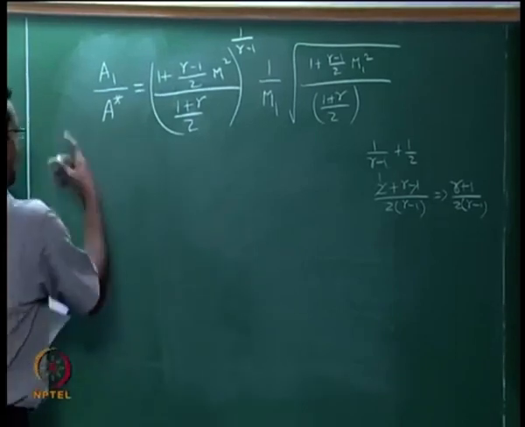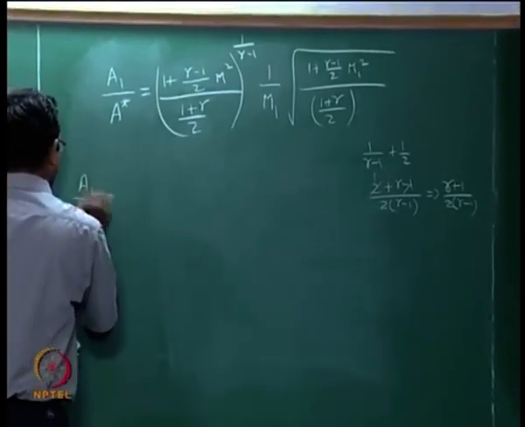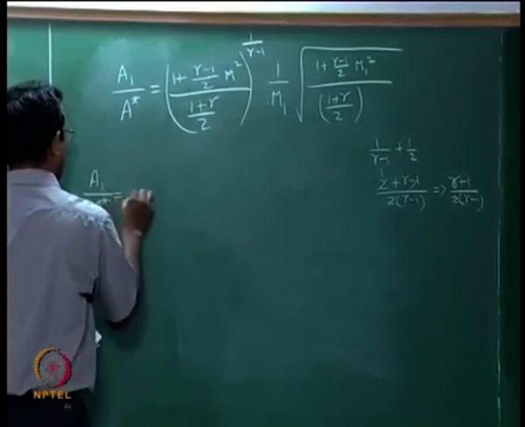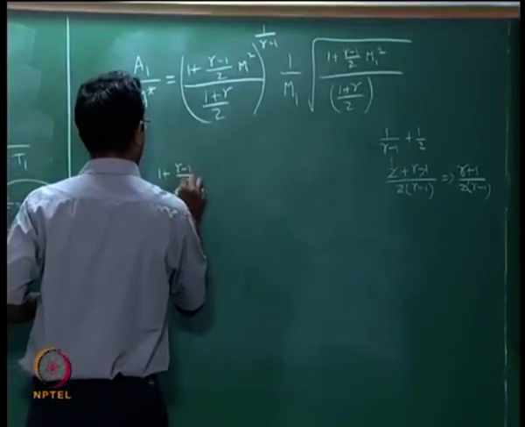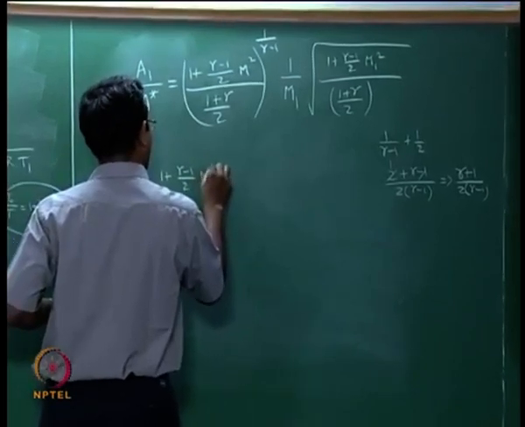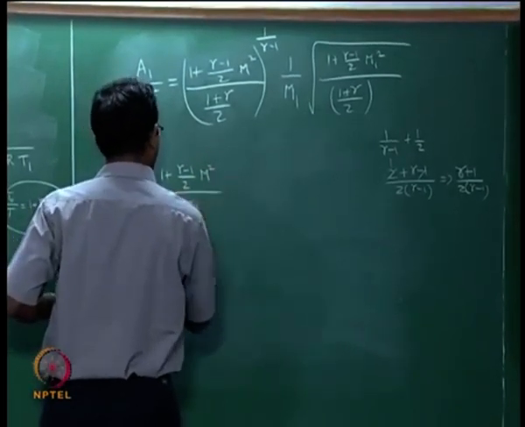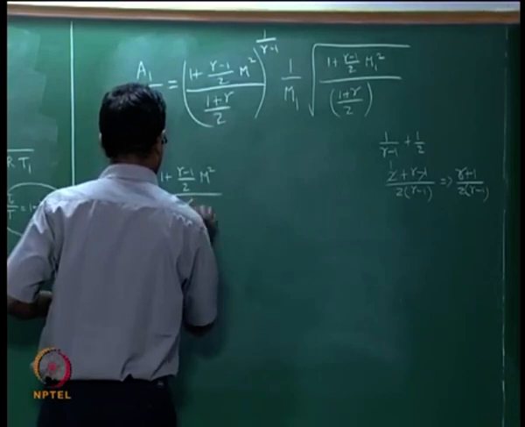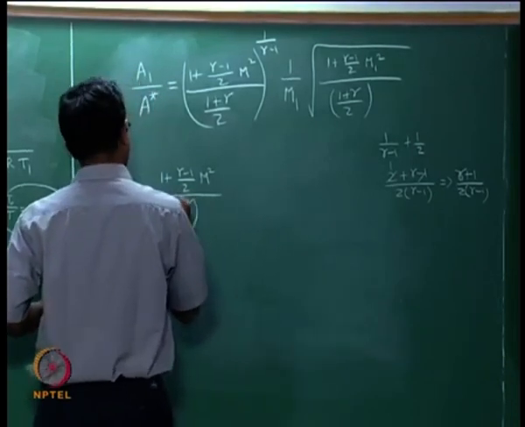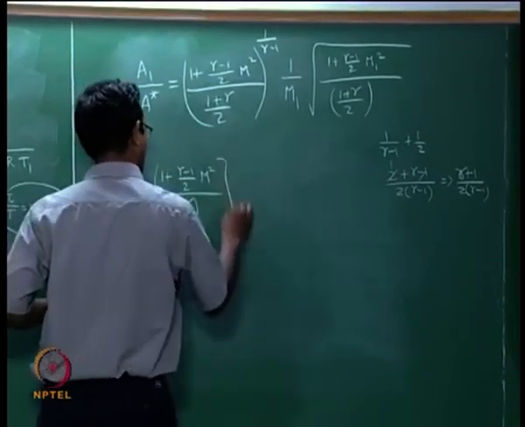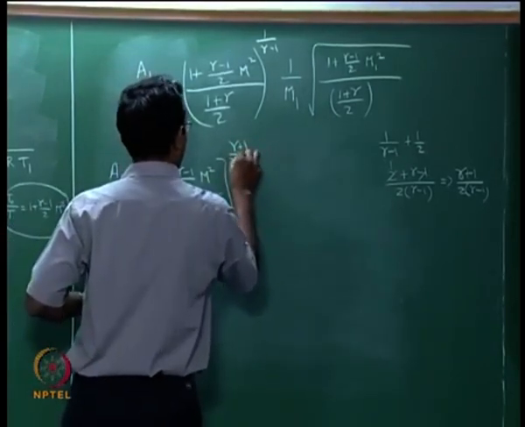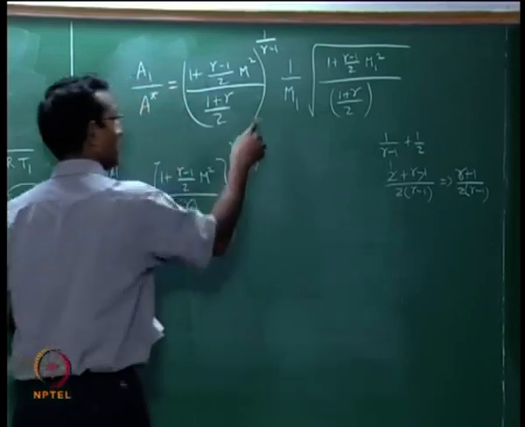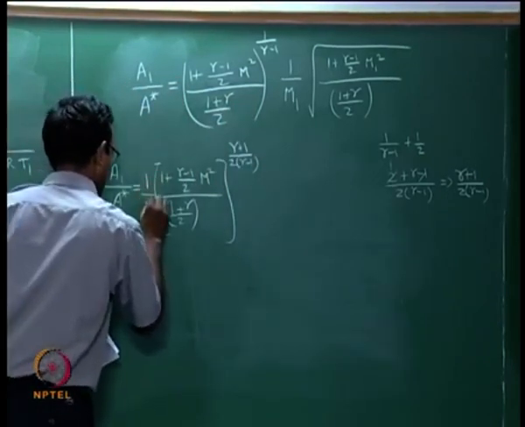So I will write my a1 by a star expression. It is going to be 1 plus gamma minus 1 by 2 m square divided by 1 plus gamma divided by 2, whole to the power gamma plus 1 by 2 times gamma minus 1, with a 1 by m1 in the front.